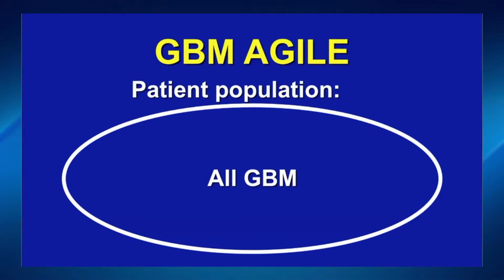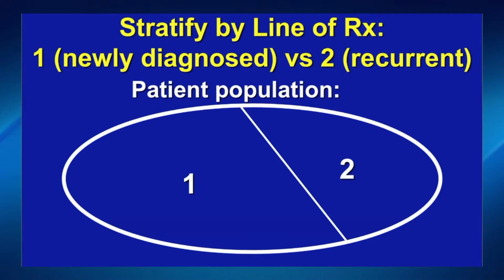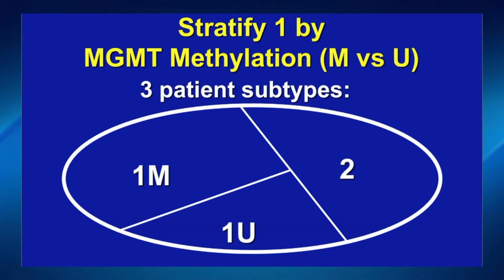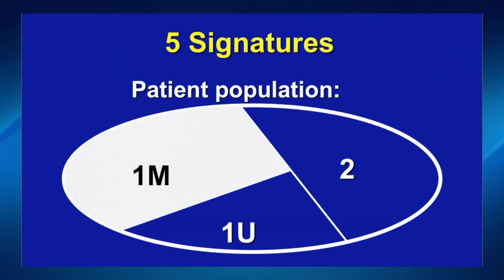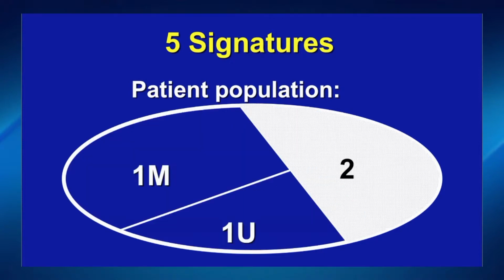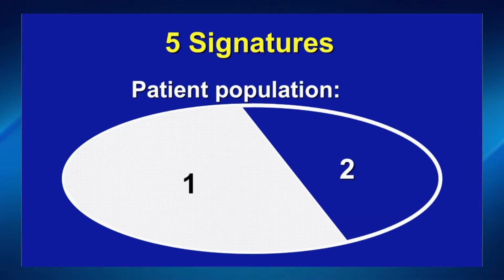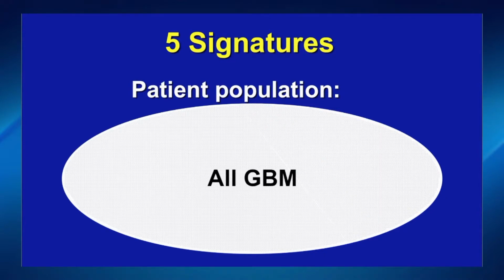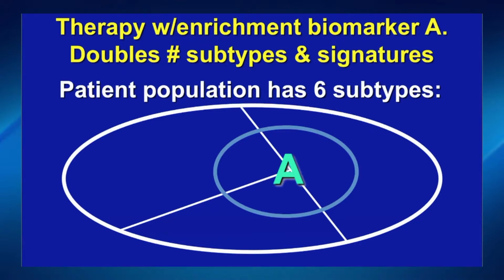So I just want to tell you about the subtypes. Here's all GBM, newly diagnosed, recurrent, newly diagnosed in 2 pieces. This is a signature, this is a signature, this is a signature, and all of newly diagnosed and all of the disease. So there are 5 signatures. And when we add biomarkers, a drug can come in with a biomarker.